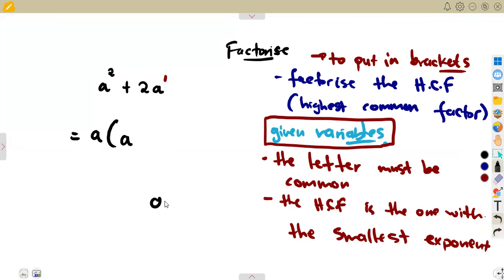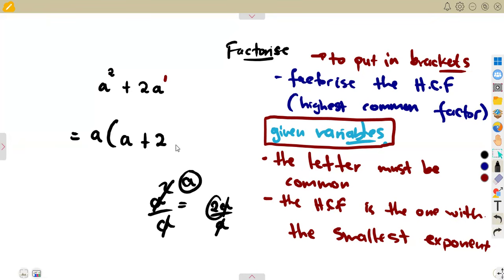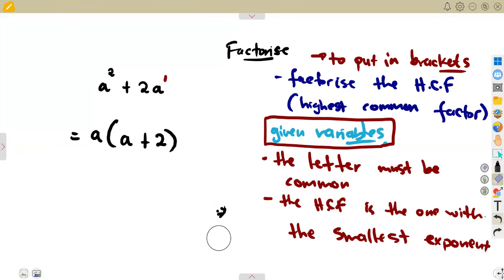It's a squared over a. There are two a's, just like a times a. If I take this into these two a's, I'm going to remain with a single a there, plus we have 2a. Dividing 2a by the a you factored out, the a and the a will cancel. You remain with a 2. So that is what you're going to have at the end.